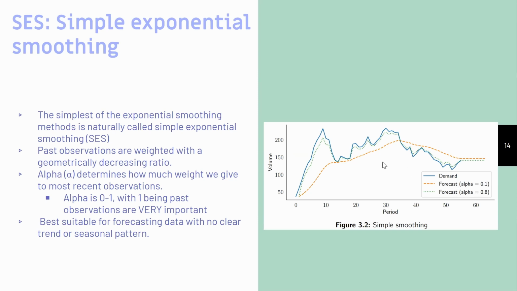Another interesting thing is that if the alpha value is exactly 1, it is a naive forecast. Think about it, that means yesterday's value is 100% important to our forecast. And what is a naive forecast? Naive forecast is exactly that. All we do is take yesterday's value, the most important thing. We don't care about any other value.